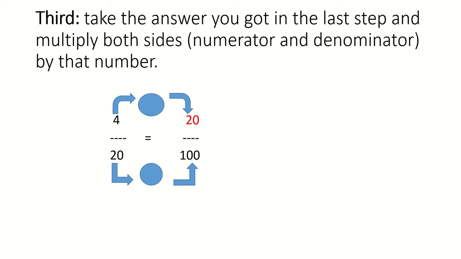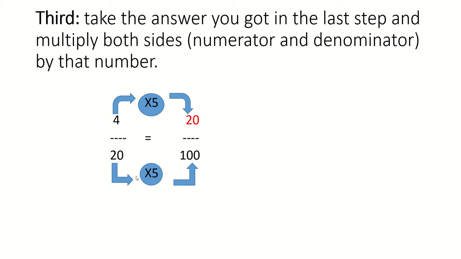Third, take the answer that you just got in the last step and multiply both sides, the numerator and denominator, by that number. So 20 times what equals 100? What did we find? That was our 5 that we got last time.